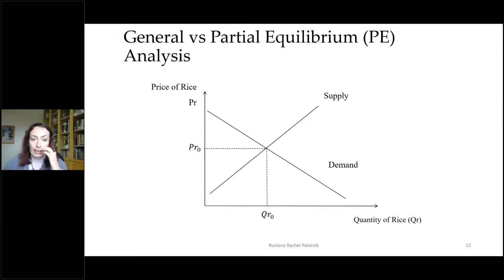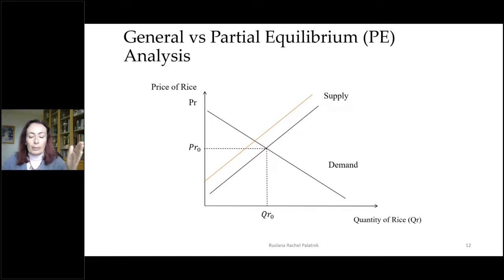Here, the price and the quantity of how much rice is sold in the market are defined in the initial equilibrium. Now, assume that for some reason, it doesn't matter what now, maybe because of a decline in precipitation and the need to irrigate, the supply of each unit of rice becomes costlier, okay? And this is described by the shift of the supply curve leftward.